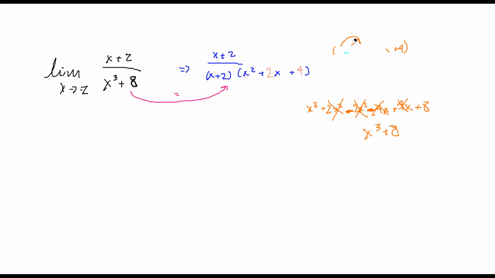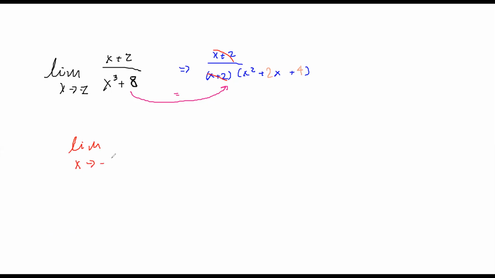Okay, right. So now we can actually take this limit, and we're going to do that really simply and really quickly just to wrap this up. So we have the limit as x approaches -2 of 1 over x squared plus 2x plus 4.